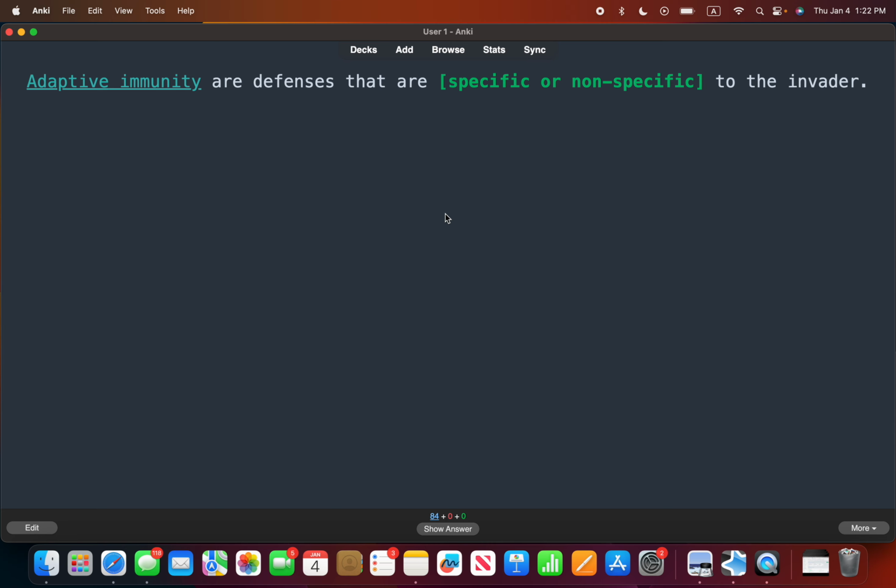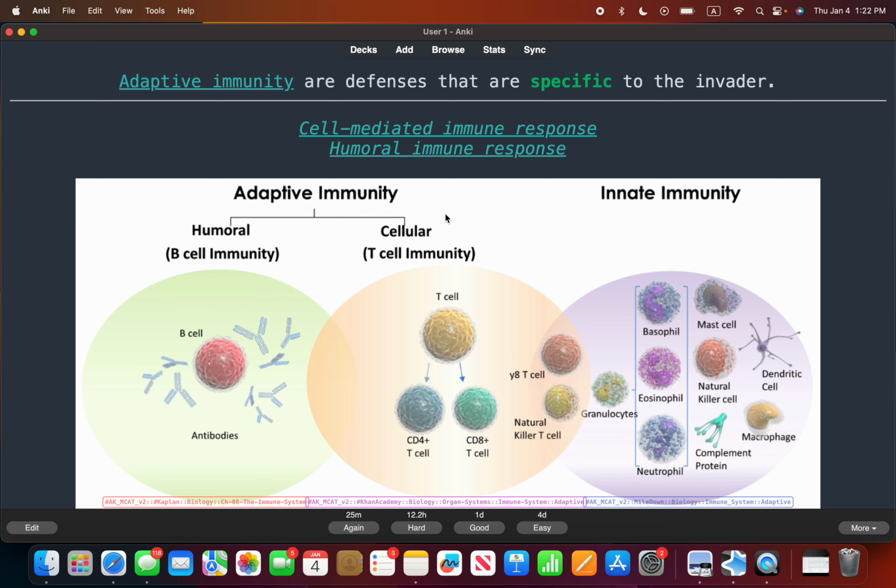We have here the adaptive immunity, which are defenses that are specific to the invader. So we have cell-mediated immunity and humoral. Humoral is B cells and cell-mediated is T cells. We have CD4 plus T cell, which have MHC2, and the CD8 plus T cell, which have MHC1.